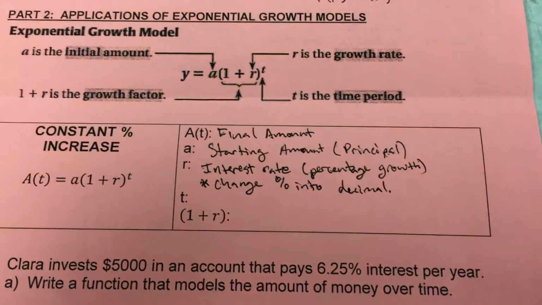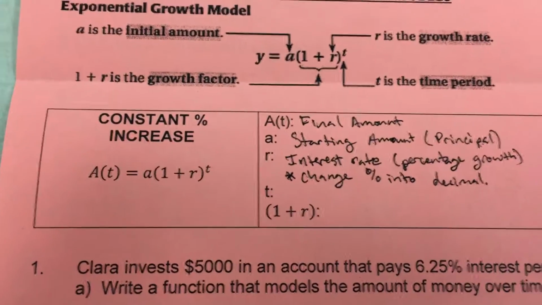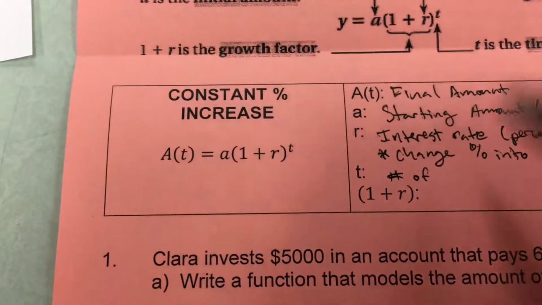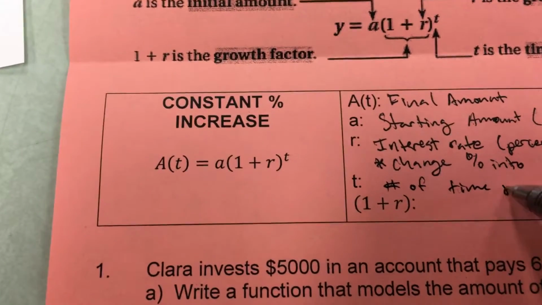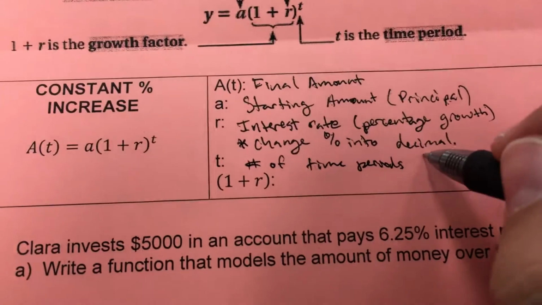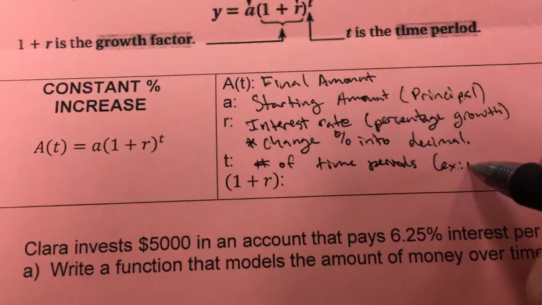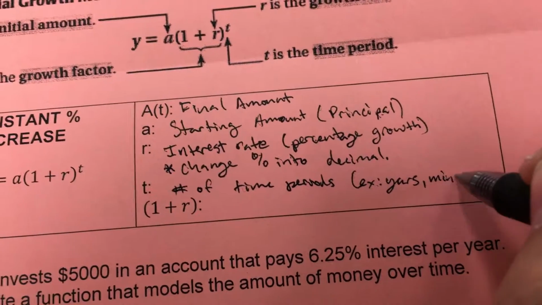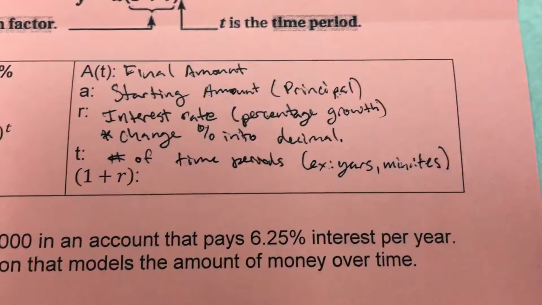Okay. Lastly, t is number of time periods. It could be years. It could be minutes. It just depends. Okay, it could be years, it could be minutes.